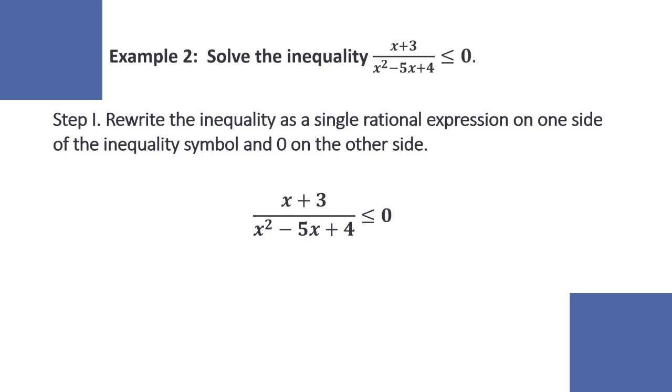Here, x plus 3 over x squared minus 5x plus 4 is less than or equal to 0. It is already a single rational expression on one side, and of course 0 on the other side. So no need to rewrite the inequality.